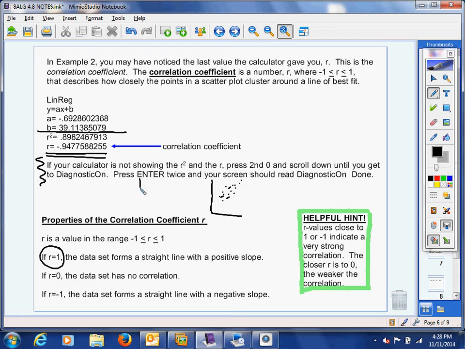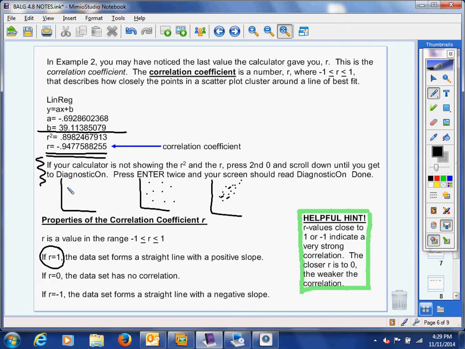If there's no correlation at all, remember that in our scatter plot it wasn't leaning right, it wasn't leaning left, then it shows up on your calculator as a decimal around 0. So it could be like positive 0.1, positive 0.2, or negative 0.1, negative 0.2. Those are decimals that are around that 0, and that indicates no correlation.